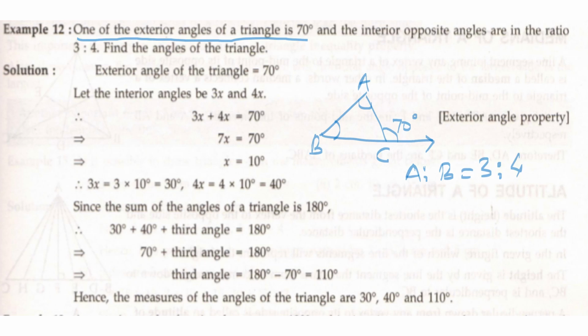Now we know that the sum of the interior opposite angles will be equal to the exterior angle. So we will write it as 3x plus 4x is equal to 70 degrees. That's what they have done here. So they get the value of x as 10 degrees and then angles A and B can be calculated.